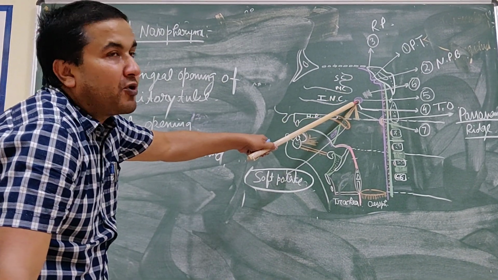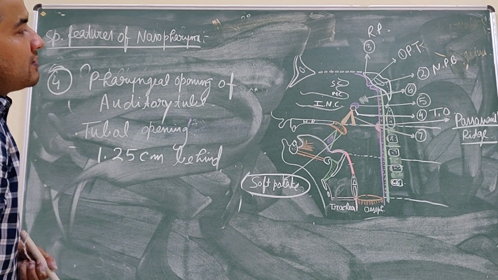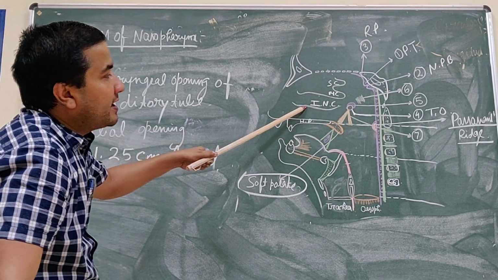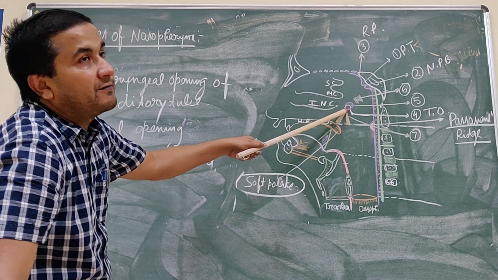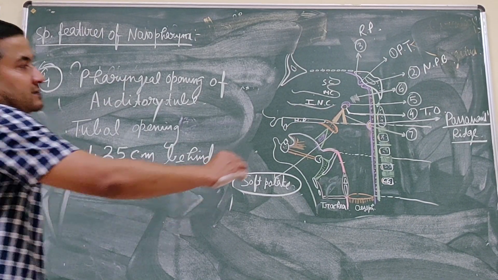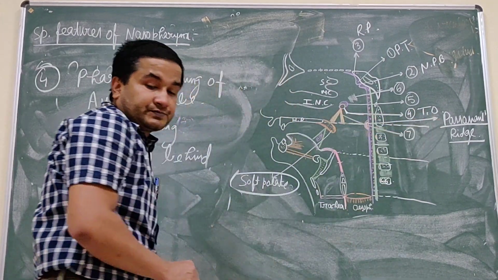This opening is an important landmark on the lateral wall of the nasopharynx, and it is always behind the posterior end of the inferior nasal concha. This is the tubal opening.